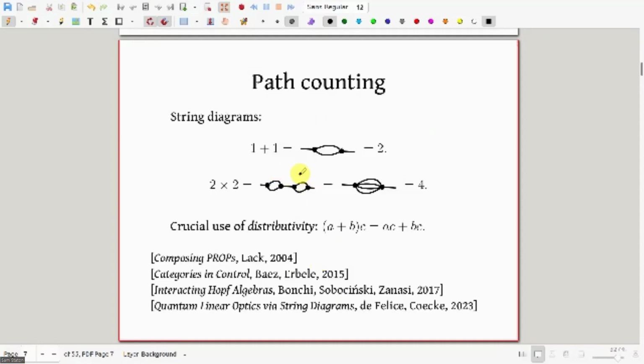And there's a very nice string diagram calculus for these kinds of things. I've drawn some examples here. Have people seen this kind of stuff before? I have some references down here as well.